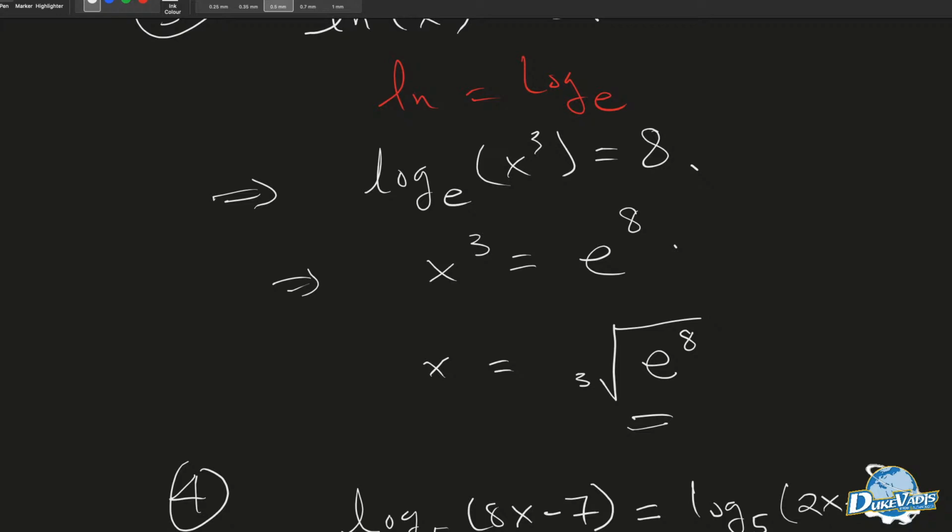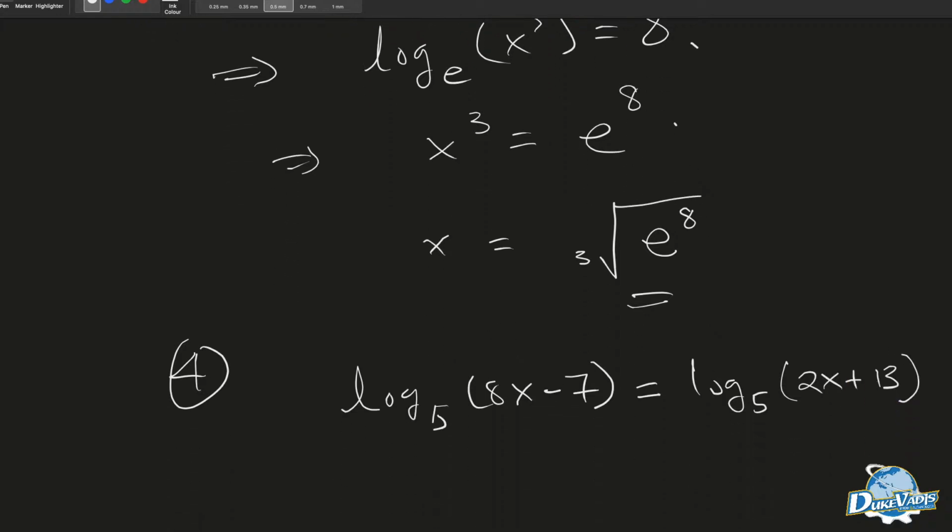This equation looks very long, but if you look at it carefully, it becomes so easy since we have the same base. We have a base 5 here and a base 5 here.